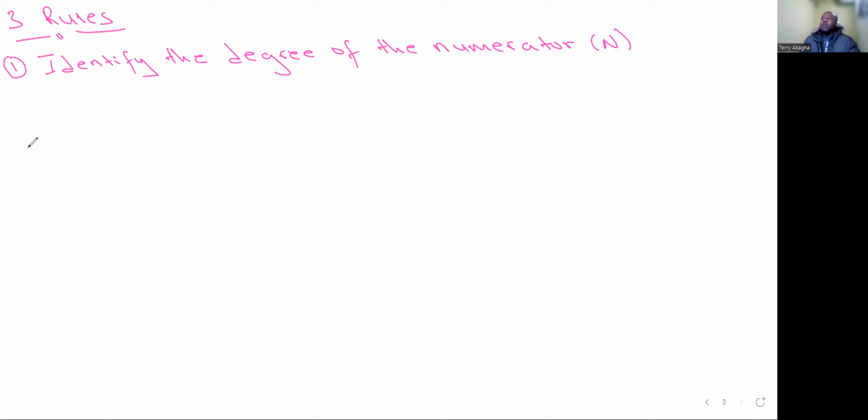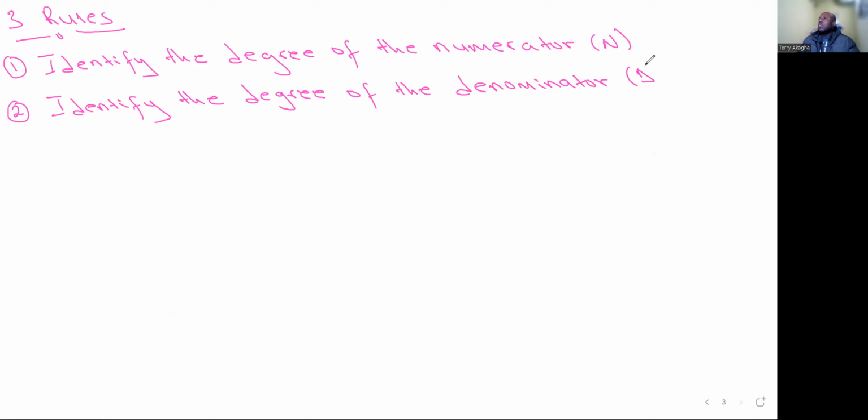So the first thing you have to do is identify the degree of the numerator. The second thing is that we need to identify the degree of the denominator.